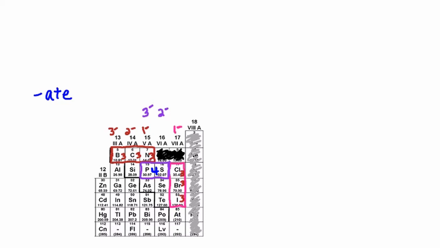So I'm going to focus on the purple box right now, the phosphorus and the sulfur. Let's go to the phosphorus first. Let's go to phosphate. Phosphate would be P with 4 oxygens, and it has a -3 charge to it. That's phosphate.